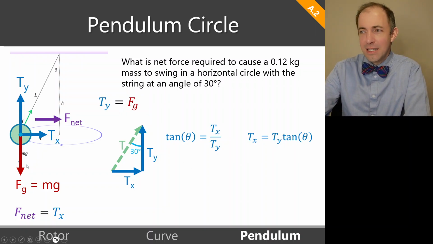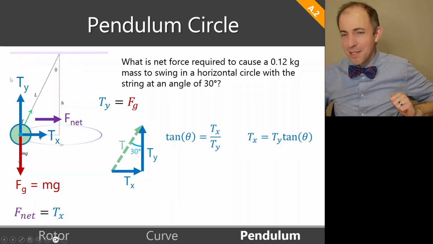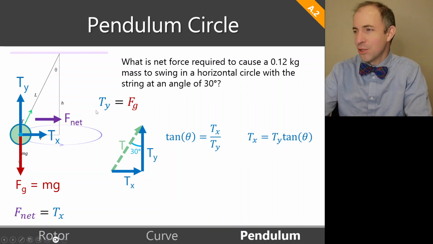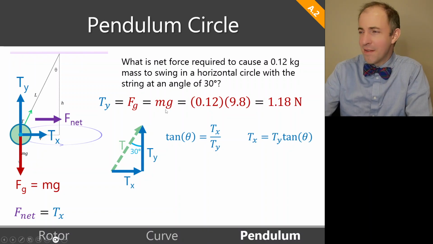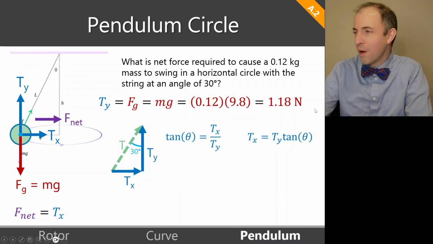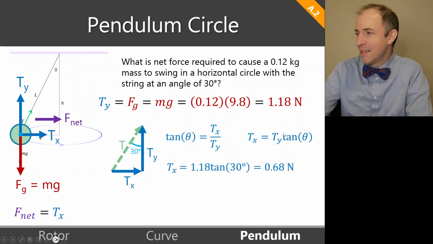Now, Ty is just equal to the force of gravity because there is no acceleration in the vertical direction. Those have to cancel each other out. And I can find what the force of gravity is. That's mass times gravity, 0.12 times 9.8, which is 1.18 newtons. If I plug that in for my Ty, I've got 1.18 newtons times the tangent of 30.